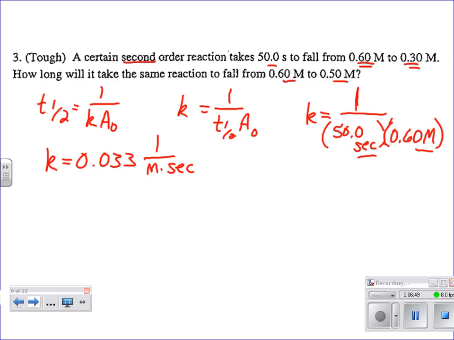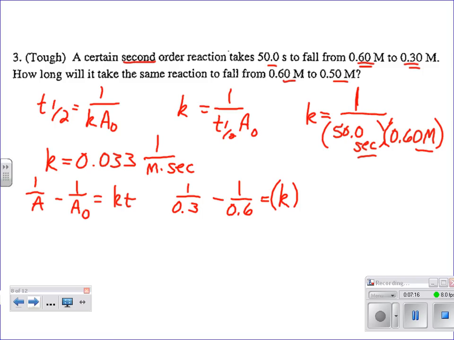If you don't like that way, again, there's no reason you can't use your original equation for the second order reaction that is given to you, which we know to be 1 over A minus 1 over A naught equals kt. And when you solve for this here, you end up saying 1 over the amount after a given amount of time, which is 0.3, minus 1 over 0.6, and that's going to be equal to k times 50.